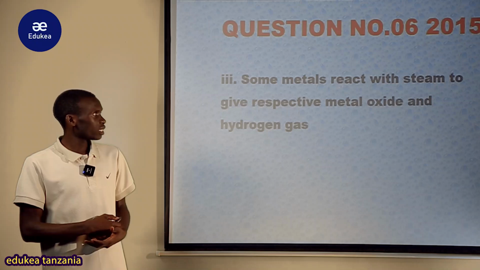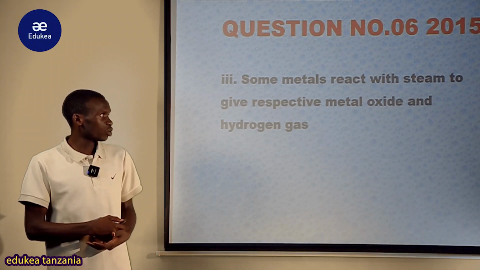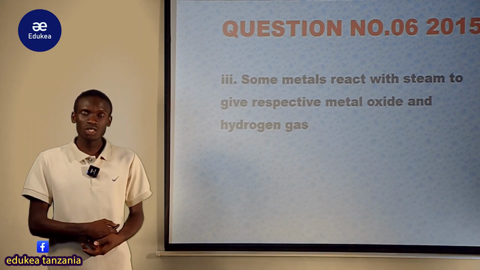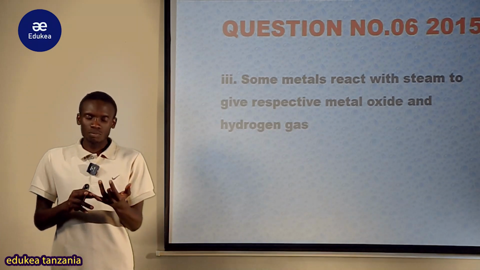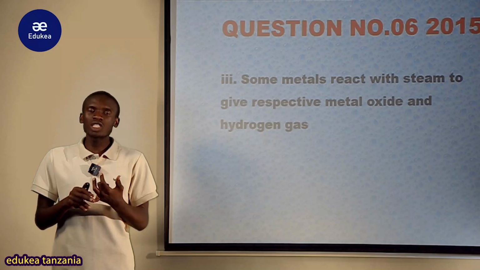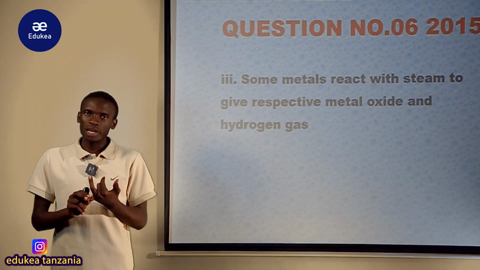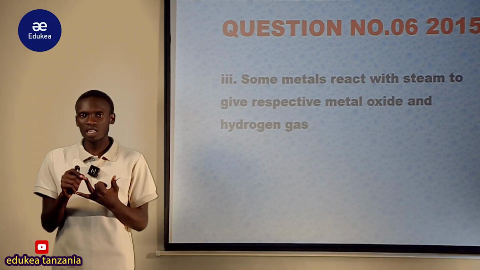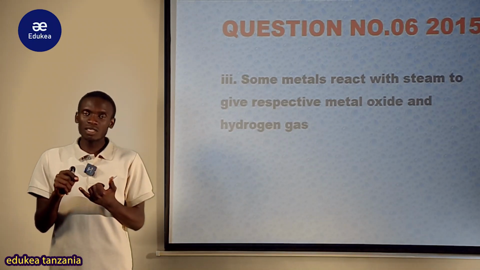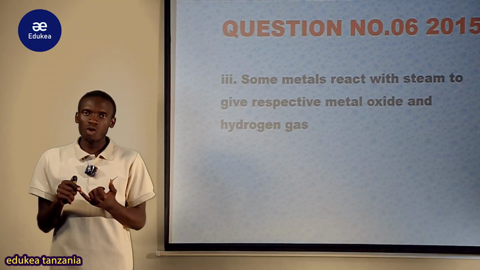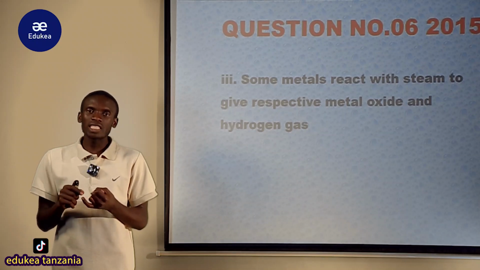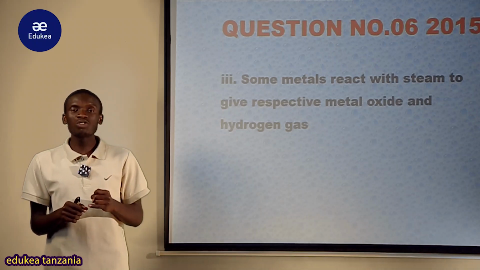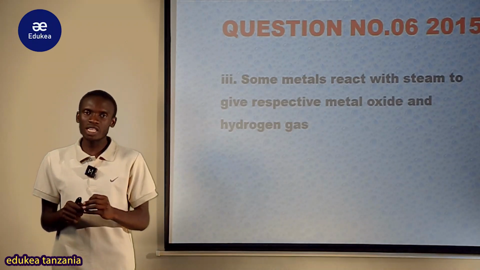Also some metals react with steam to give respective metal oxide and hydrogen gas. So unakuja kuona kwamba kumbe hiyo water when it is cold reacts with metals to produce metal hydroxide plus hydrogen gas. But the same water in steam, it means that when it is hot, it tends to react with metal to produce metal oxide and hydrogen gas.